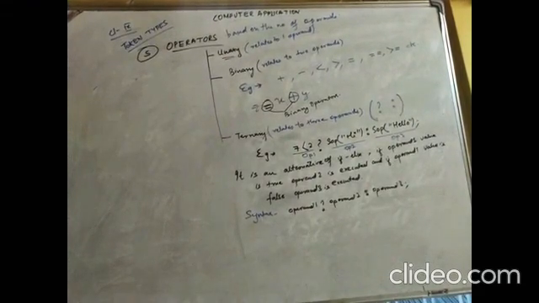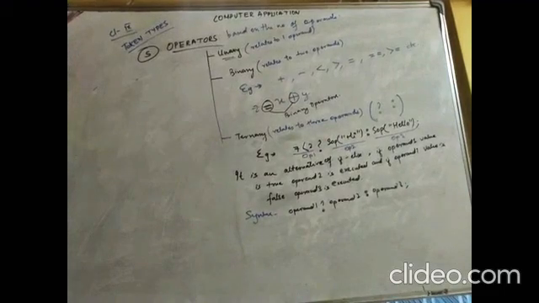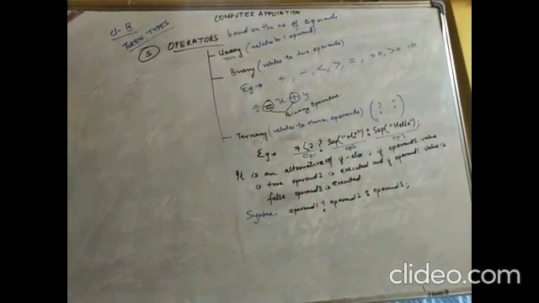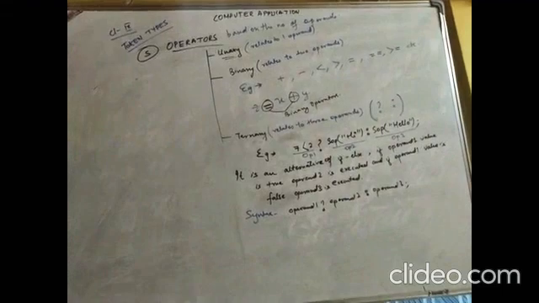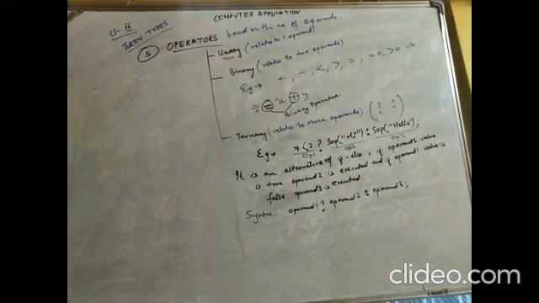Clear? So based on the value of operand 1, operand 2 or operand 3 will get executed. If operand 1 value is true, operand 2 will get executed. If operand 1 value is false, operand 3 will get executed. Understood? This is called your ternary operator, related to three operands.